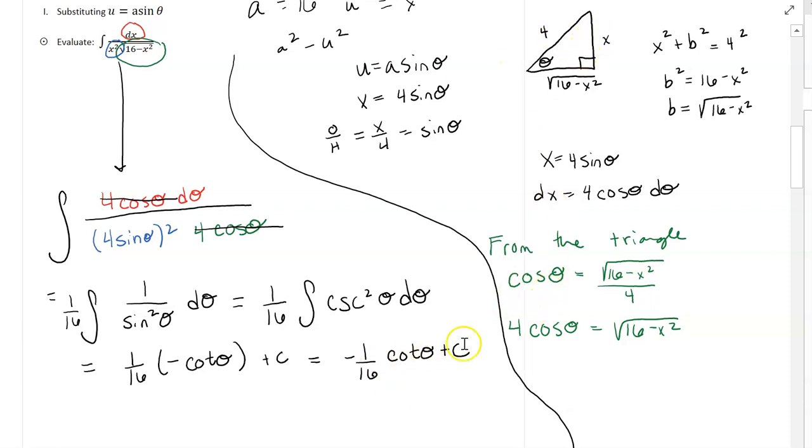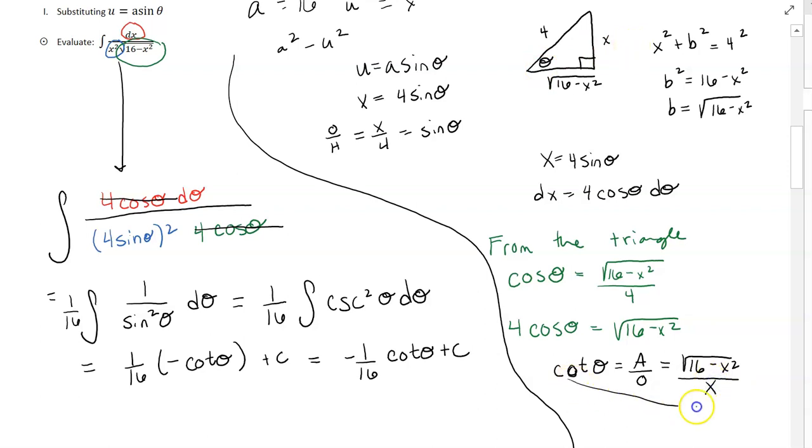So I need to know what cotangent of theta is. I know that cotangent of theta, using SOHCAHTOA, is the adjacent over the opposite. It's 1 over the tangent, which is opposite over adjacent. So if I look at theta, the adjacent here is the square root of 16 minus x squared, and the opposite of theta is the x.